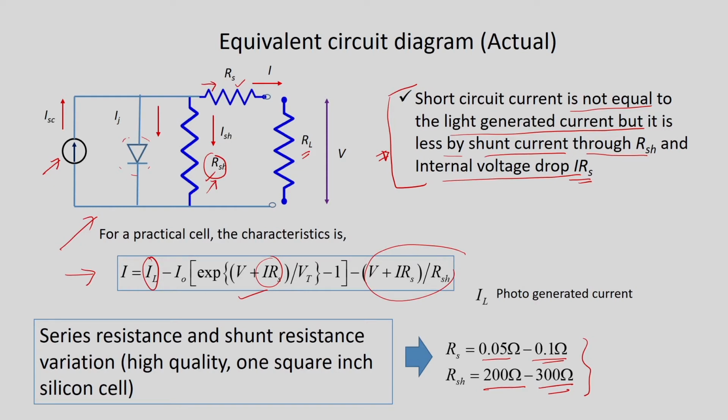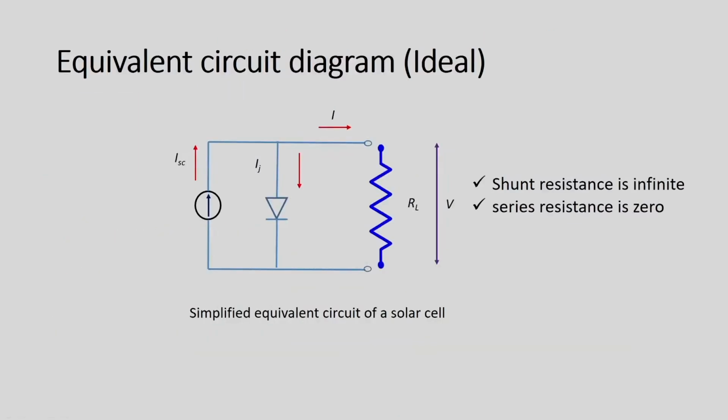So, let us see what happens in the case of an ideal equivalent circuit diagram. We can omit these two components, shunt resistance and series resistance. Our considerations are that shunt resistance is infinite and series resistance is 0.